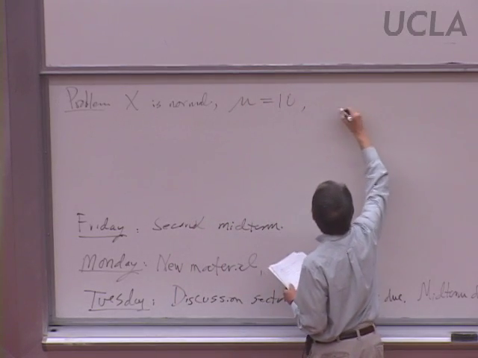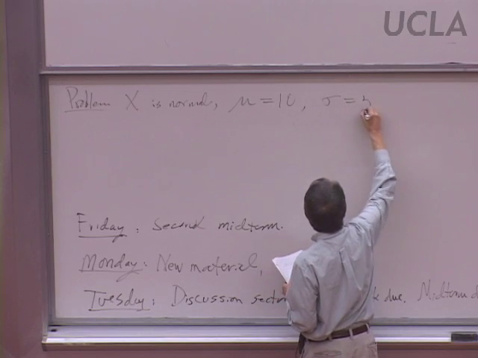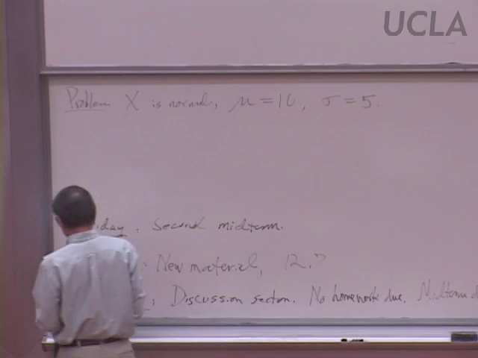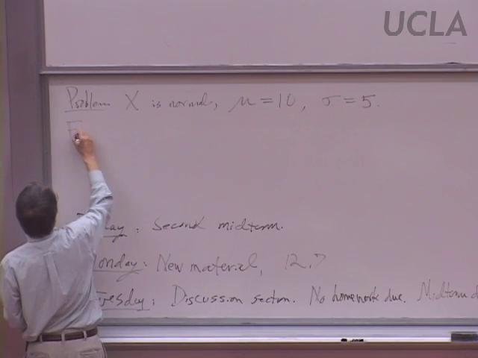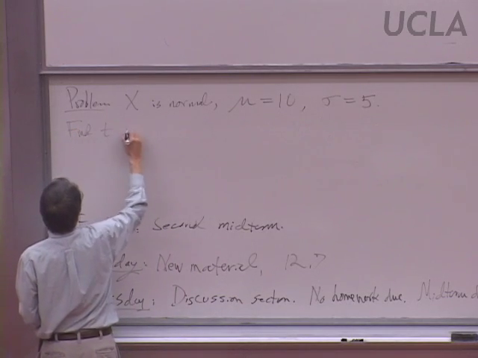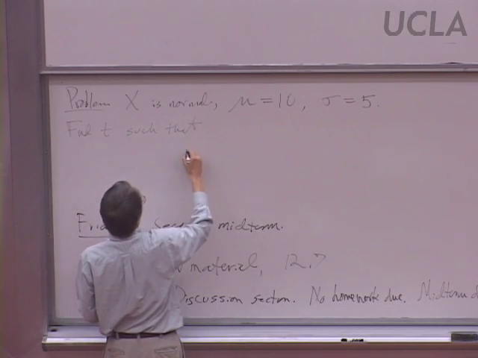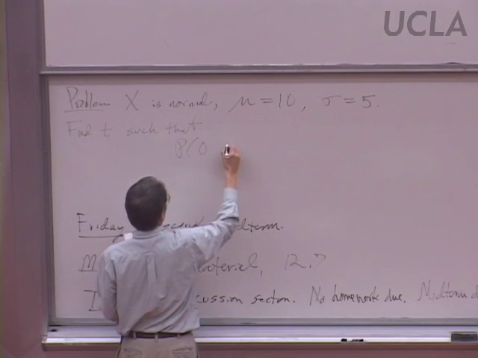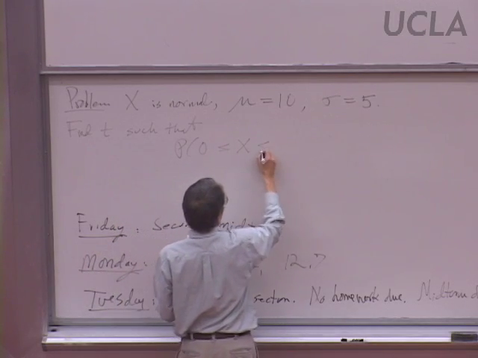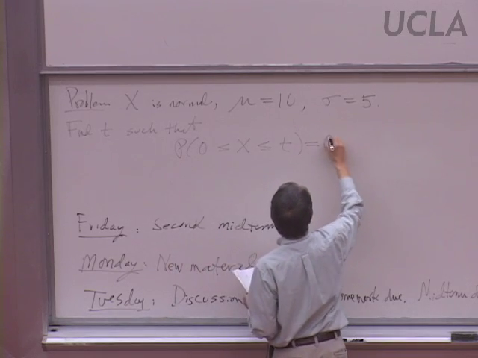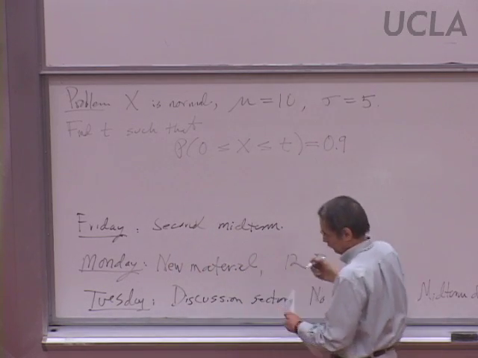Say the mean is 10, the standard deviation is 5. We want to find a number t such that the probability that x is between 0 and t is 0.9, 90%.